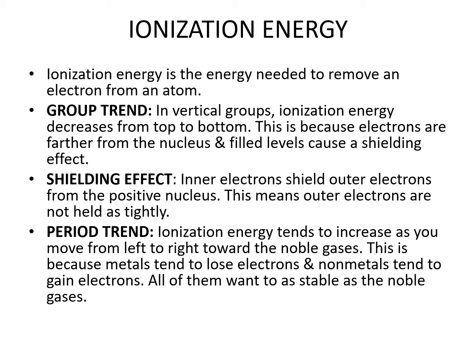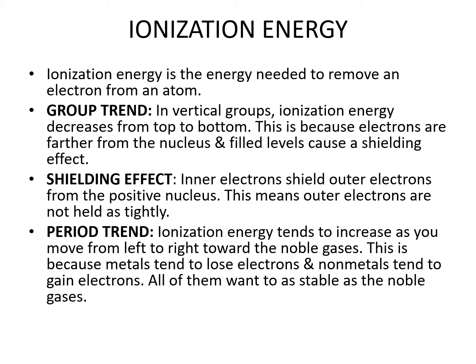This is because electrons are farther from the nucleus and filled levels cause a shielding effect. Now we have to know what is shielding effect. That is, the inner electrons shield outer electrons from the positive nucleus. This means outer electrons are not held as tightly.